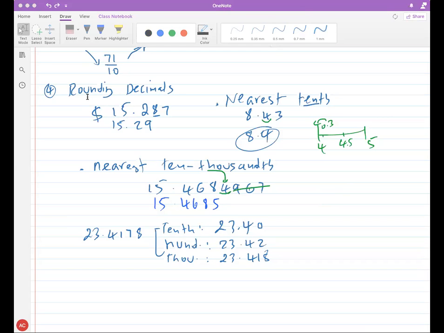Let's see, I believe we kind of covered everything we needed. Let's double check, see we got everything.